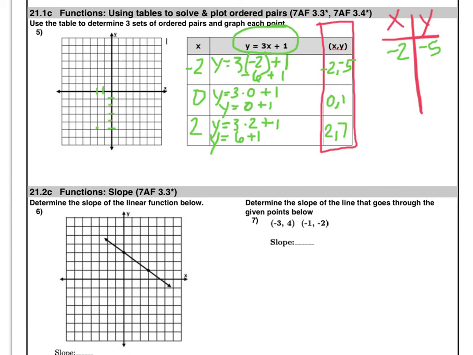And I have a 0, 1, which is here. And I have a 2, 7, which is here. And now I can connect my dots and I can show the linear line. Okay? And so that's how we do this problem. We're going to move on.